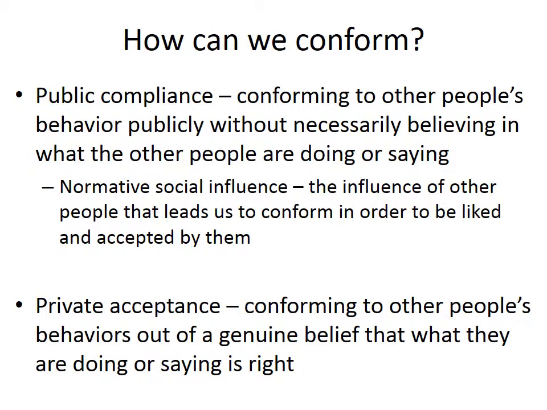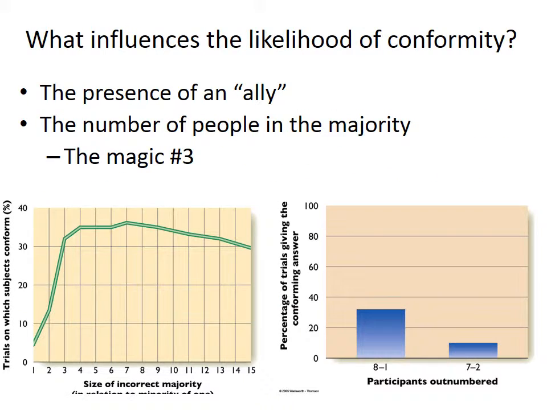This idea also led Asch to start asking, if this is the case, how can we strengthen some of the effects that we find? Two of the things that were discussed in the video was the fact that having an ally can greatly decrease the need for conformity.